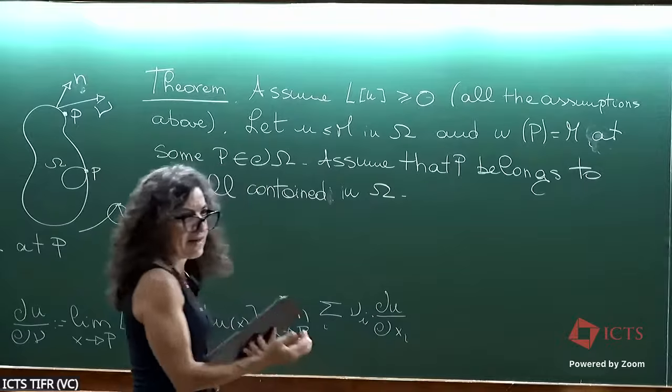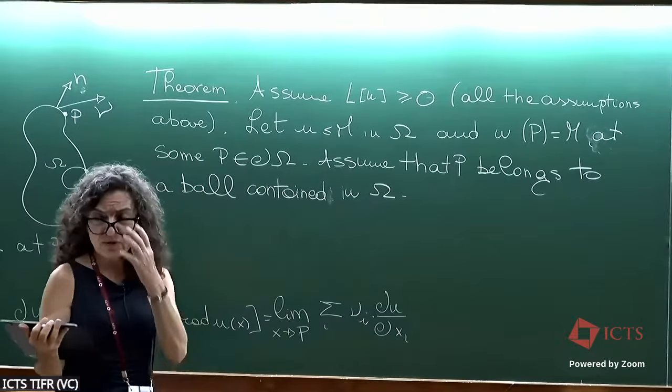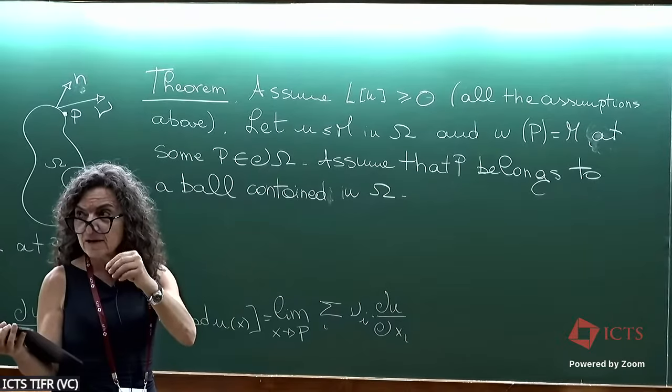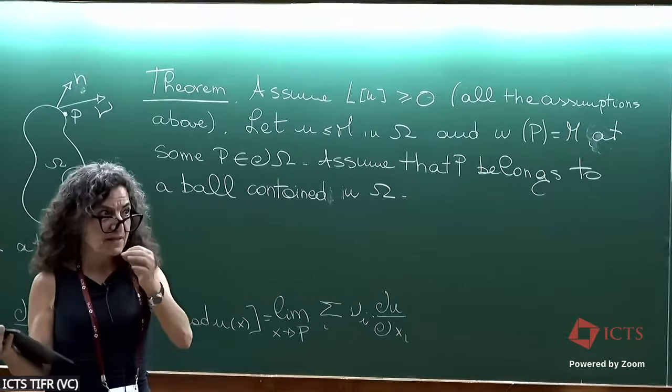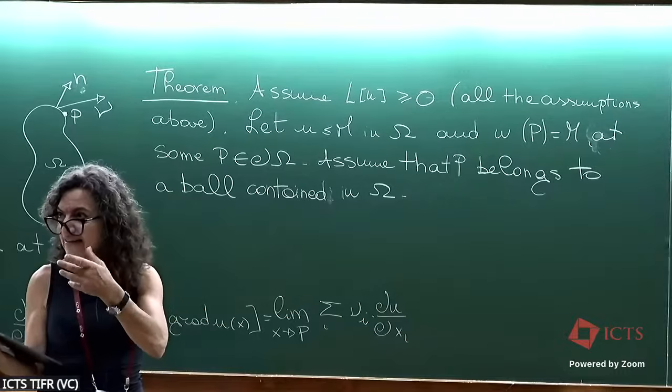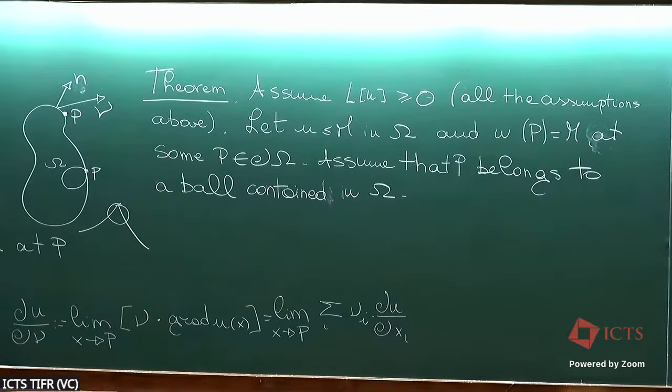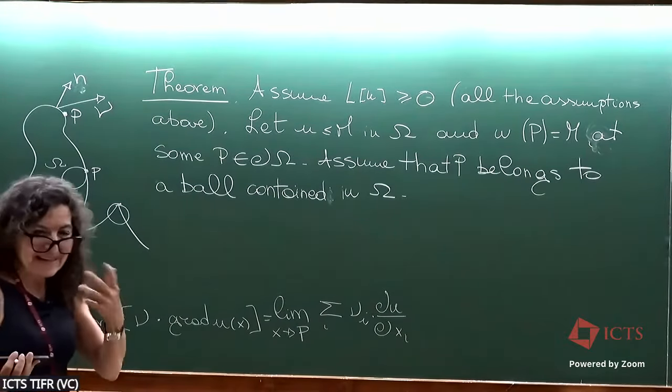And we are not going to give the proof, but you remember that we did the proof for the interior point. We have to take balls around the points. So we need that the function is defined in a neighborhood of, not really a neighborhood because it's a ball, but we need a ball inside.